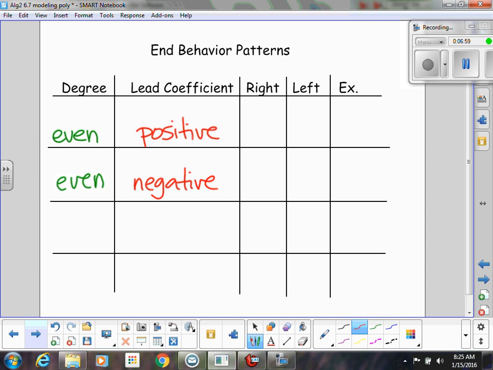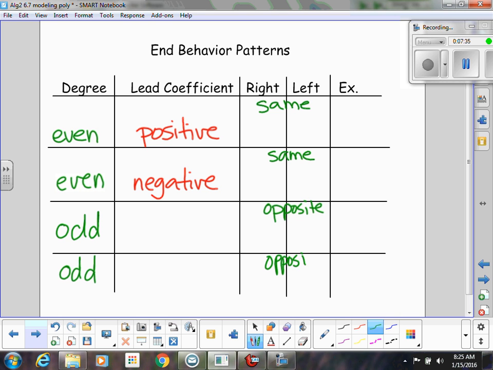And we said that if the degree is even, then the right and left behavior are going to be doing the same thing. Okay. And then when they were odd, we said that the left and right end behavior will be doing the opposite thing. So one will be going up, one will be going down.